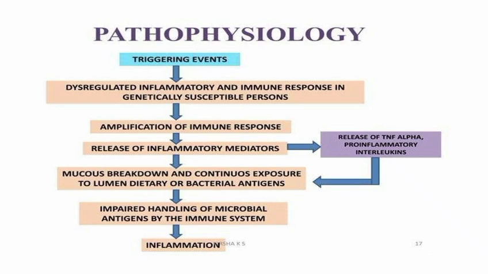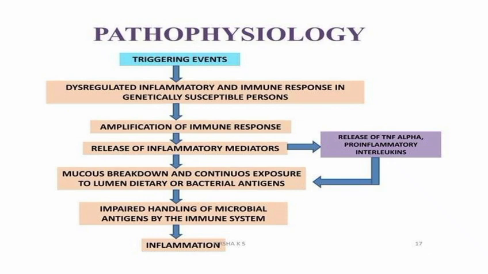Next is the pathophysiology. First, the triggering events: a dysregulated inflammatory and immune response in genetically susceptible persons. Next is the amplification of the immune response, with release of inflammatory mediators like TNF alpha and pro-inflammatory interleukins.